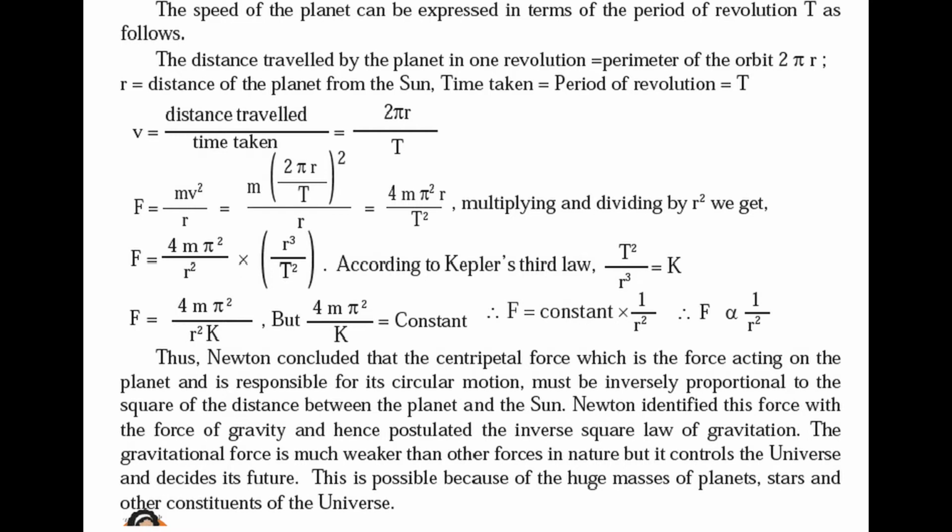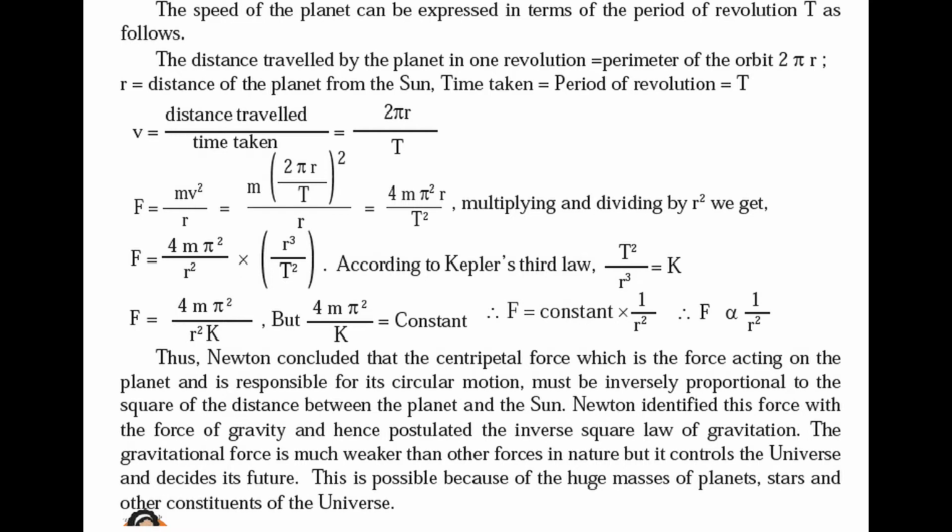Thus Newton concluded that the centripetal force, which is the force acting on the planet and is responsible for its circular motion, must be inversely proportional to the square of the distance between the planet and the Sun. Newton identified this force with the force of gravity and hence postulated the inverse square law of gravitation.